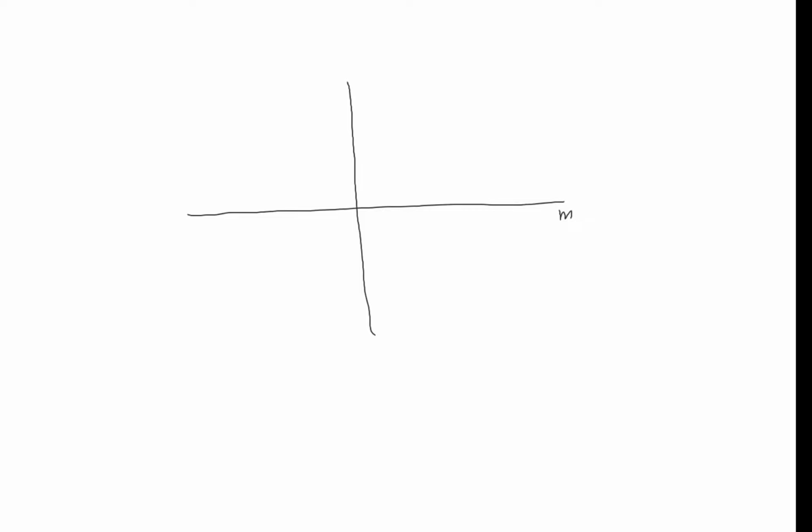on this axis m, and this is our line, the 45-degree line, m equals m. And what I'm going to plot in blue is going to be psi of minus nu E plus beta M minus psi of minus nu E. Okay.